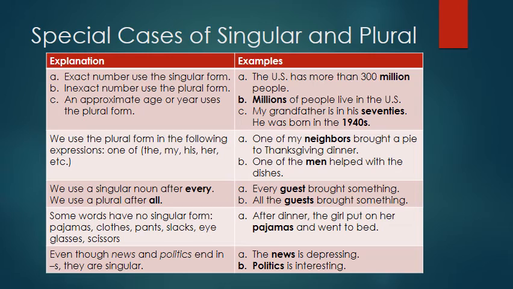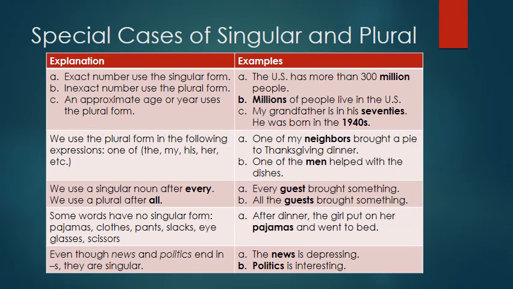Okay, so we have three different cases here. So when we have an exact number, we're going to use the singular form of this number. So this can be confusing. When we say exact number, what we mean here is that there's actually a specific number, 300 million people. We know exactly how many.